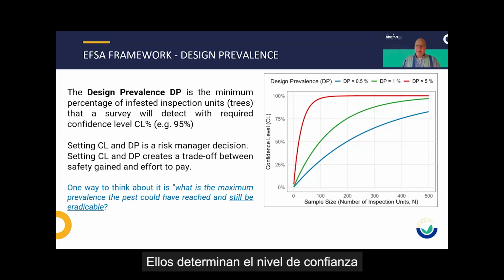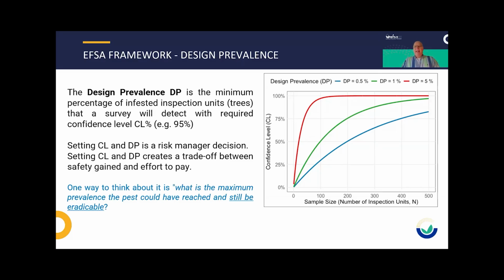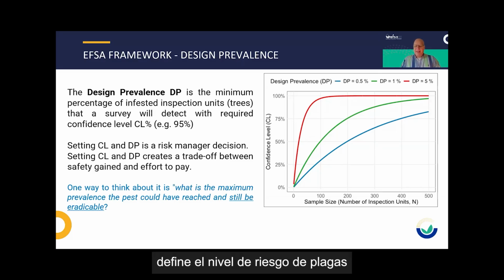They decide about the confidence in the final statement of the survey conclusion. And on the other side, the design prevalence decides about the pest risk that is still accepted before detection can happen with a certain confidence. So we see there is a balance between these two.